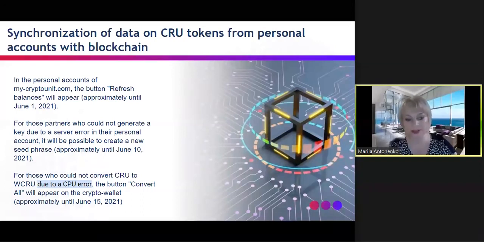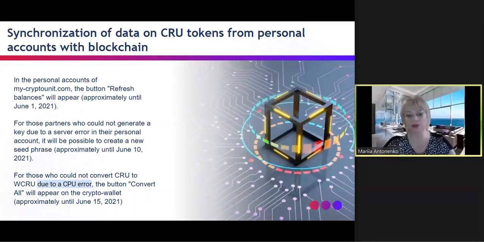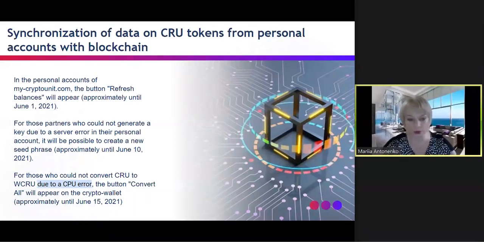So there is a third category of people who recently write tickets to the support, are partners who cannot convert CRU into WCRU because they don't have enough CPU. So basically what they see is an error like "add UNTB" because there is not enough computational power, CPU.